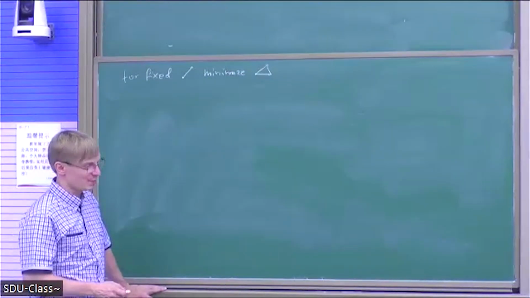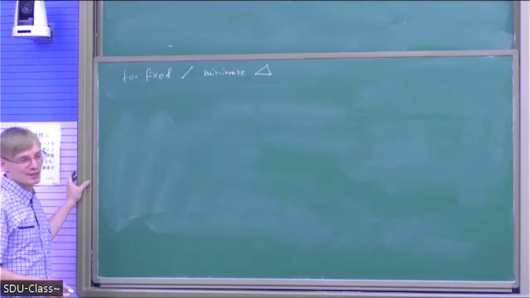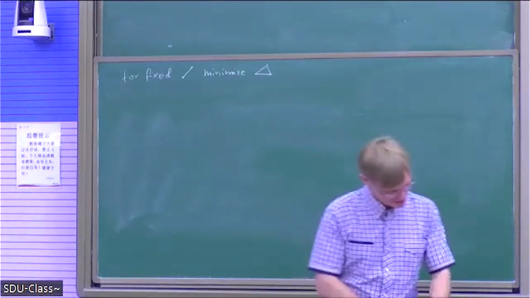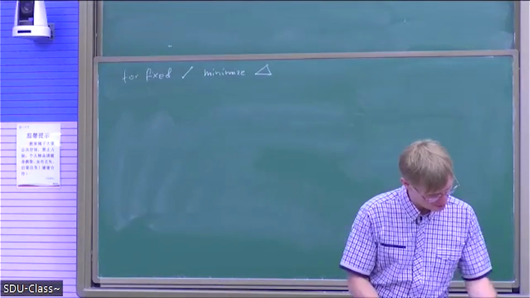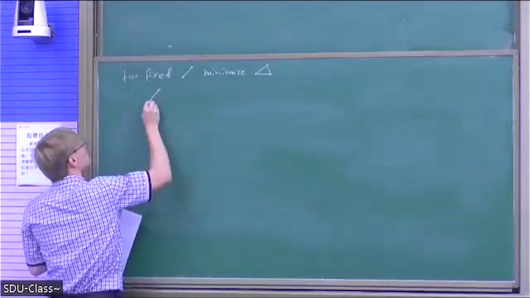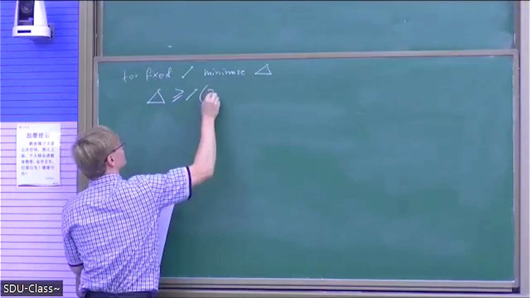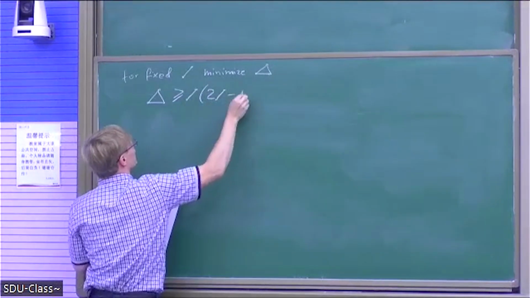So what can we say about it? For example, one of the exercises I gave you is to show a particular bound, that triangle density is at least edge density times (2 times edge density minus 1).